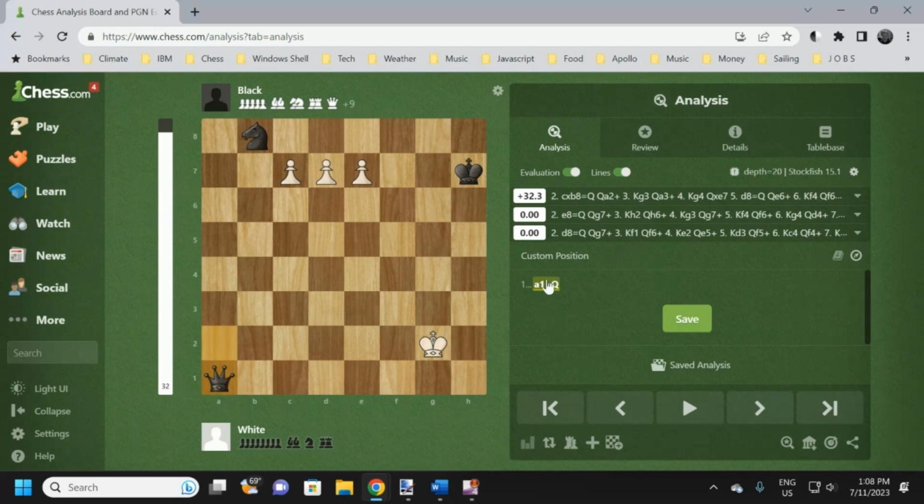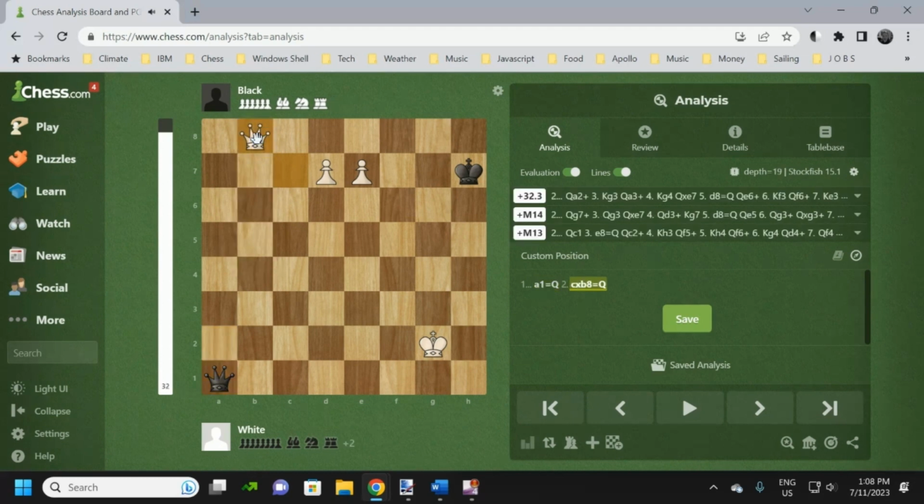So as you can see, the notation is A1 equals Q. So black is going to take this, white is going to take this knight and promote to a queen as well. So the notation for that is CXB8 equals Q. So when you promote, you write down the move and put equals and then an abbreviation for the piece you're promoting to at the end.